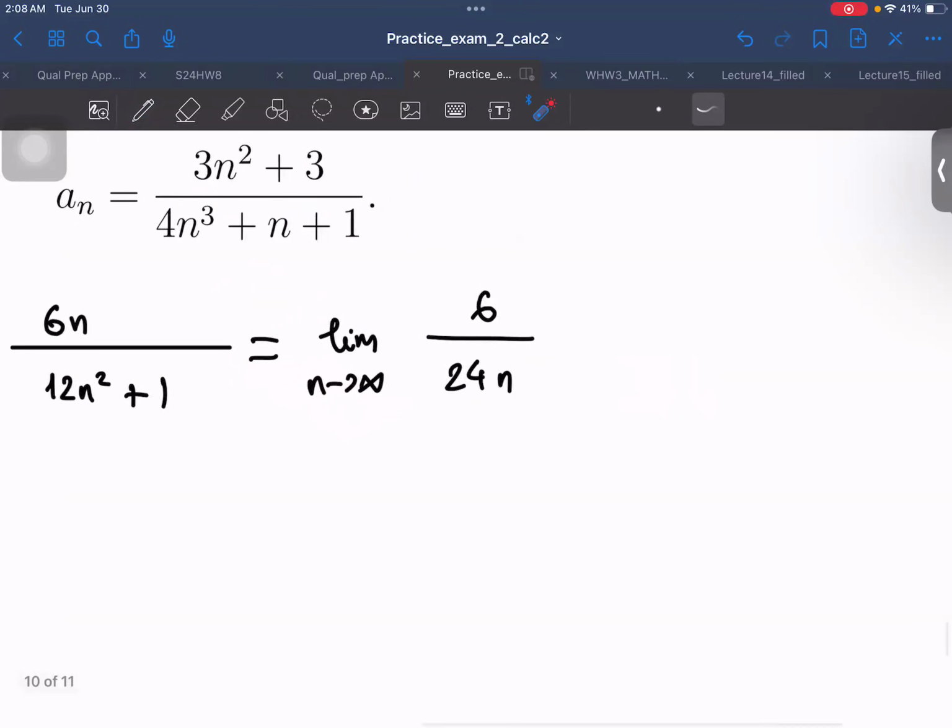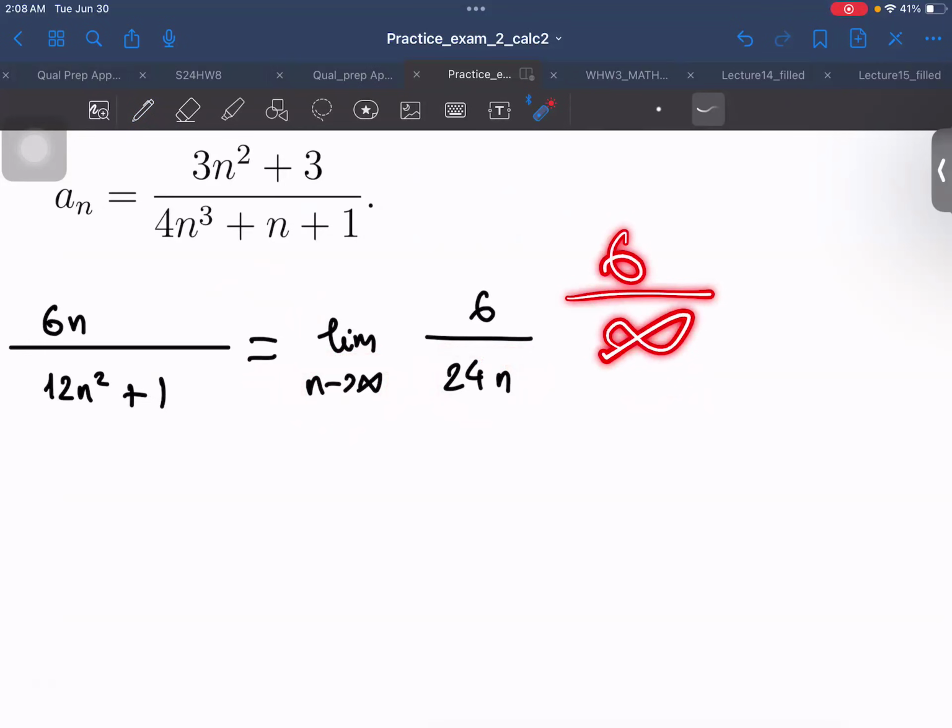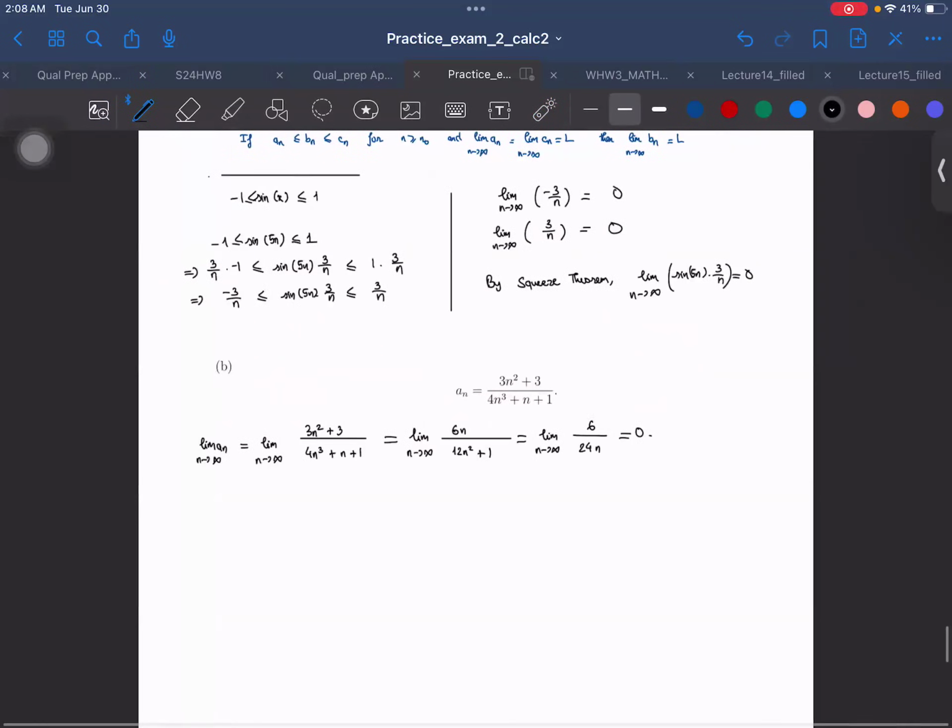So I have 6 divided by 24n, and when n tends to infinity, I have a fixed number divided by something extremely large, so I have 0. So I have obtained the limit of this sequence using L'Hopital's rule.